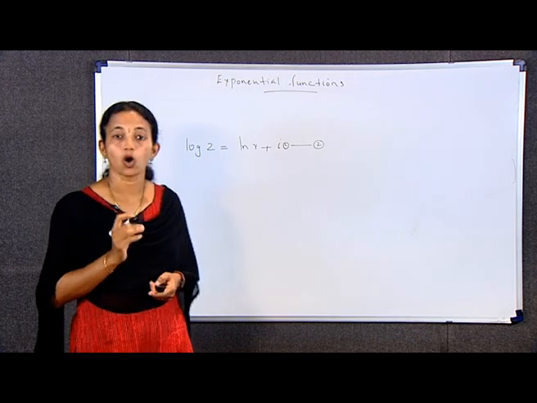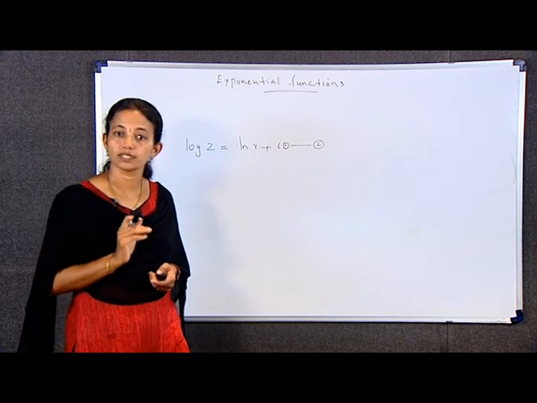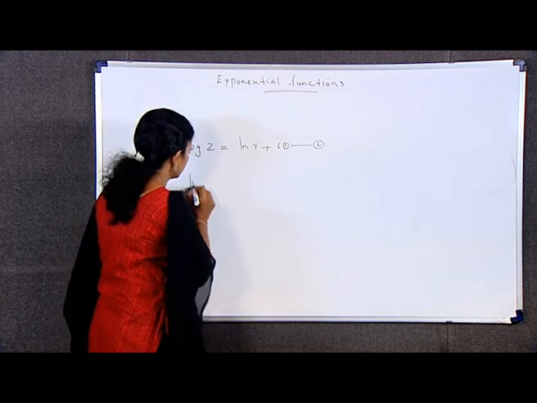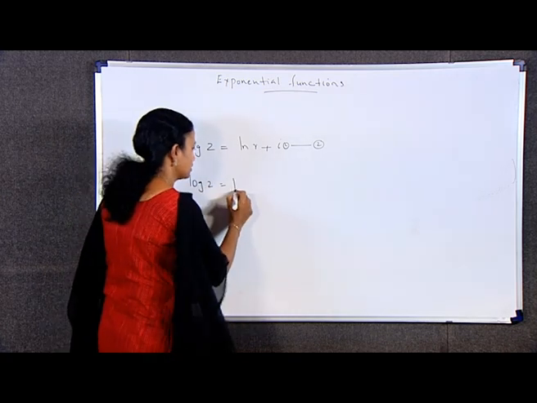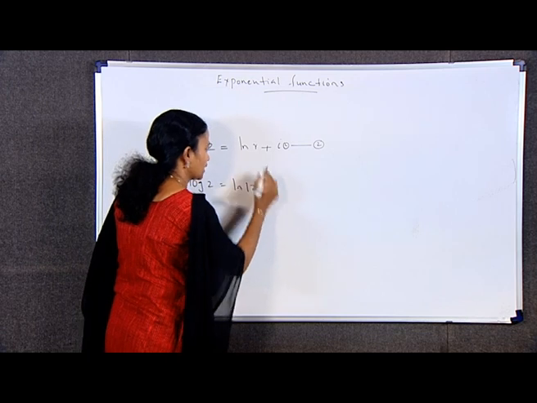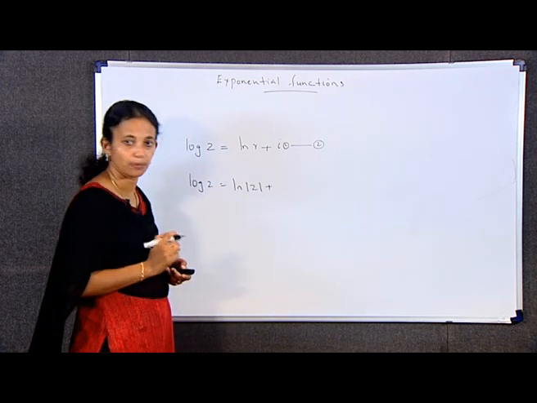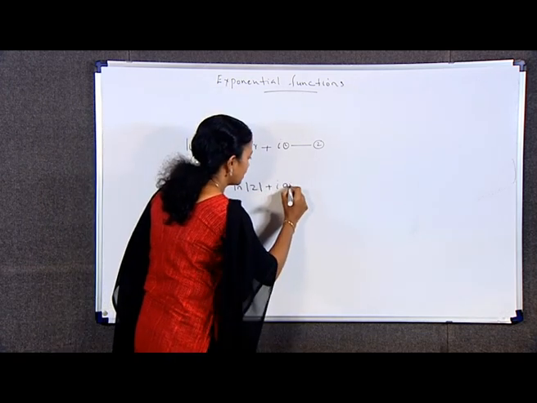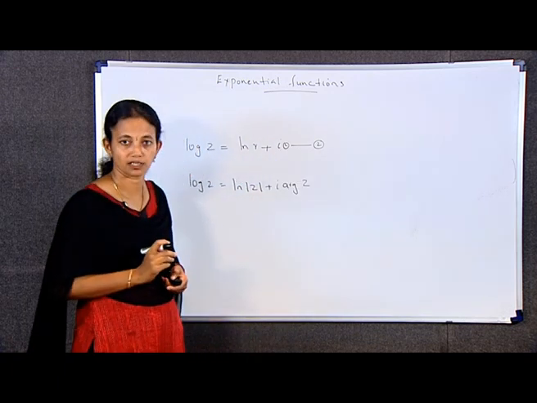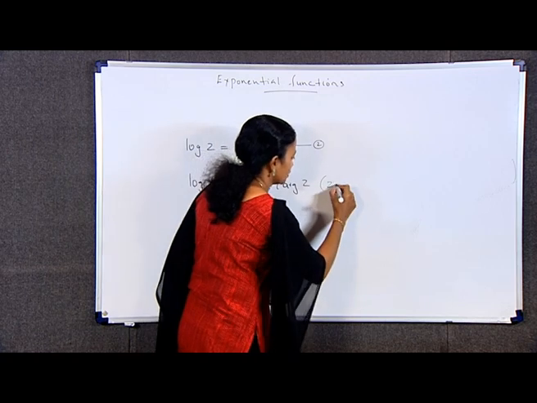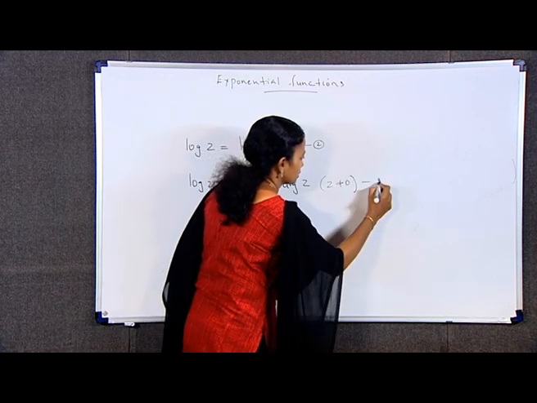That is, log z is equal to ln mod z, that is r is mod z, plus i argument of z. We have this theta is the argument of z, where here of course z not equal to 0, equation number 3.